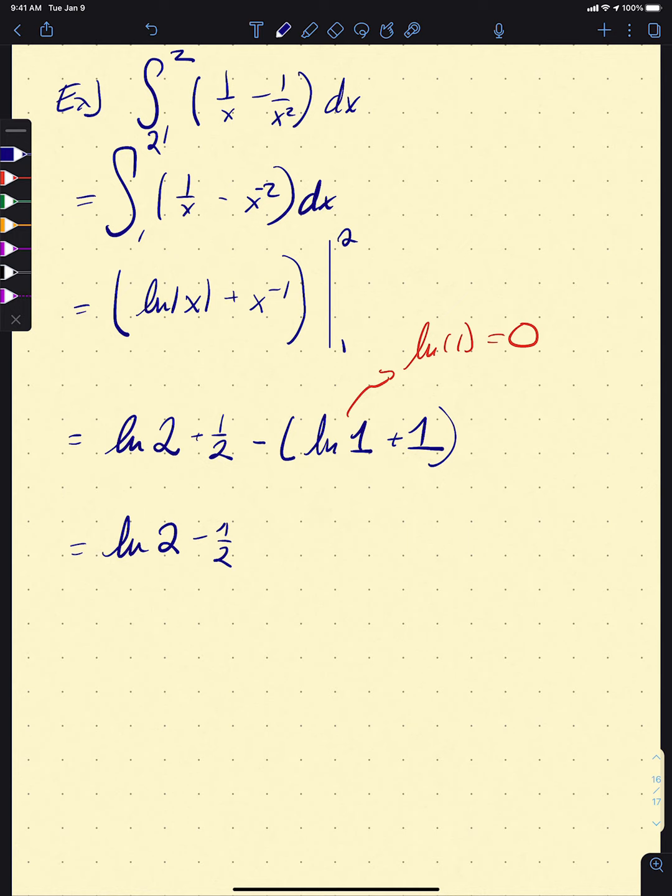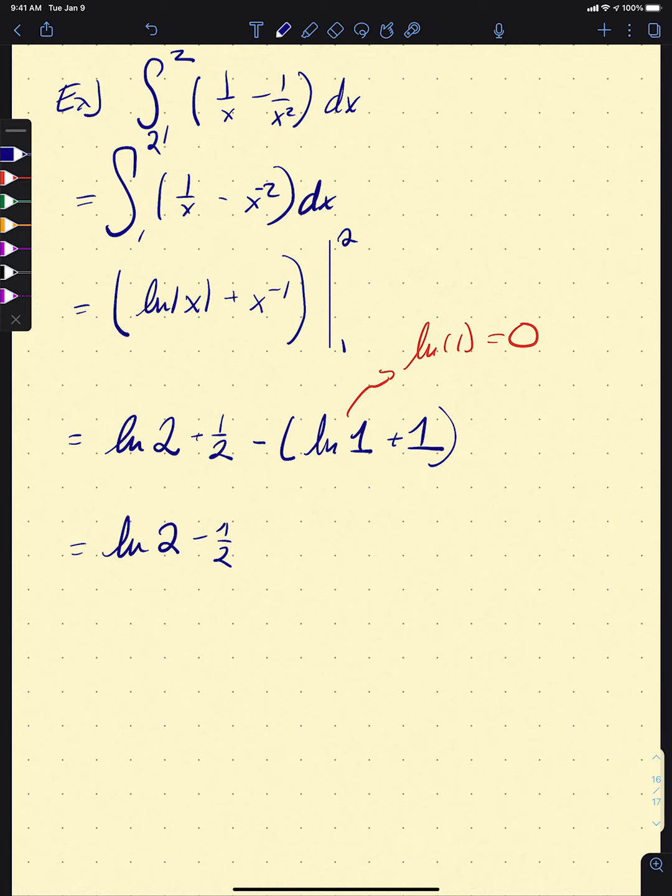And this is where I do want to pause and remind you of something that we said last lecture. These antiderivatives and these definite integrals, there's a reason that on Tuesday I try to say antiderivative more often than I say indefinite integral, because they are very different and it's so easy to get them confused.